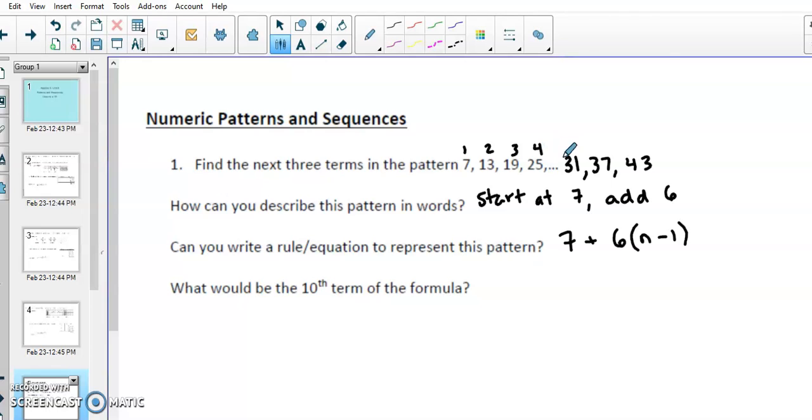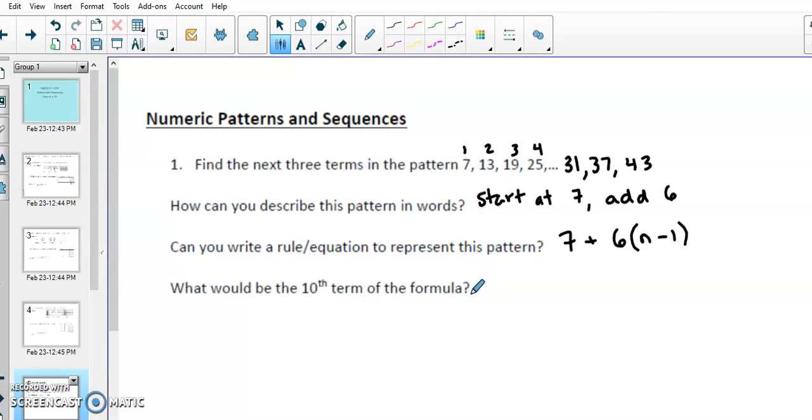So if we looked at the 25, this would be the fourth term. 4 minus 1 is 3. 3 times 6 is 18. 18 plus 7 is 25.